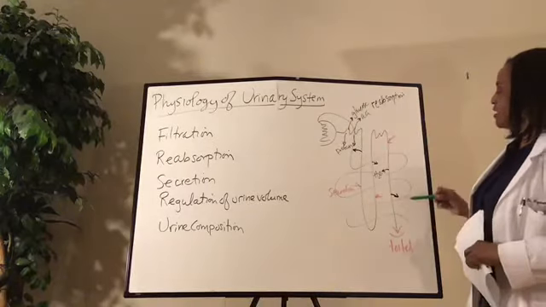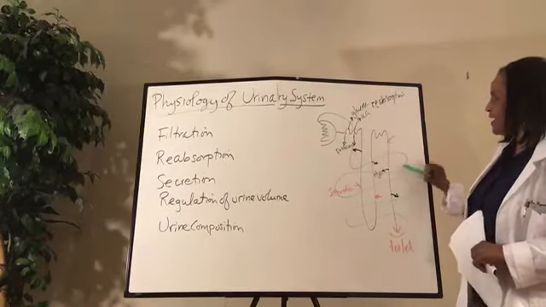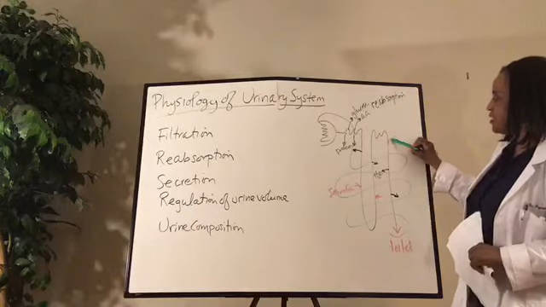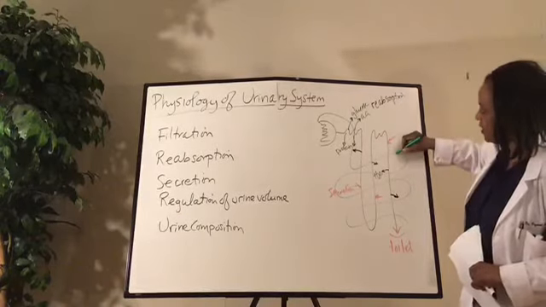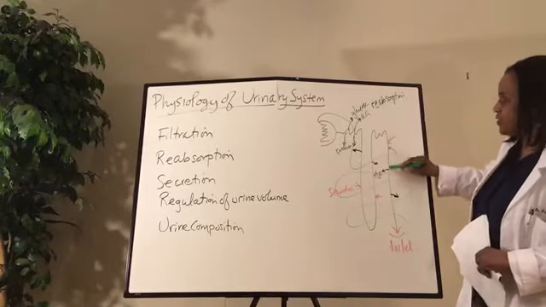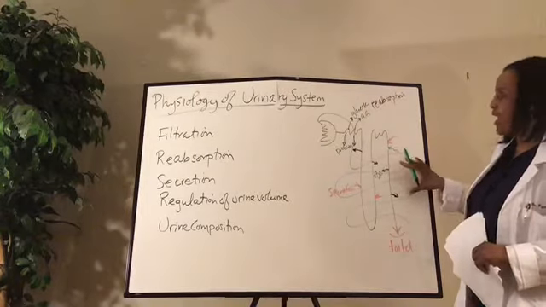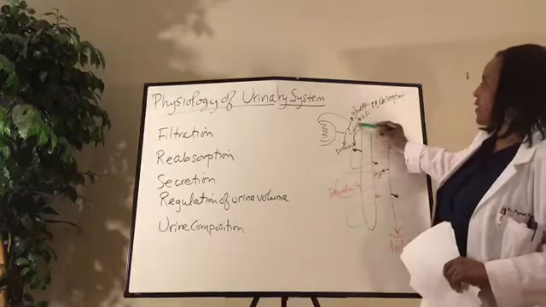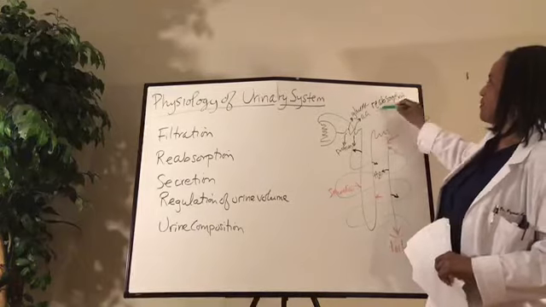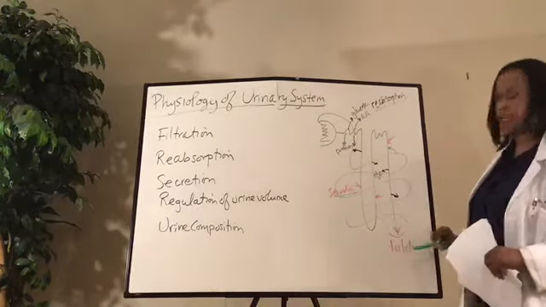If you want to secrete something and put it into the tube, then you can take it out of the peritubular capillary, put it into the tube, and then you're going to secrete. So if it's coming out of the tube, that's reabsorption. If it's going into the tube, that's secretion to be excreted.